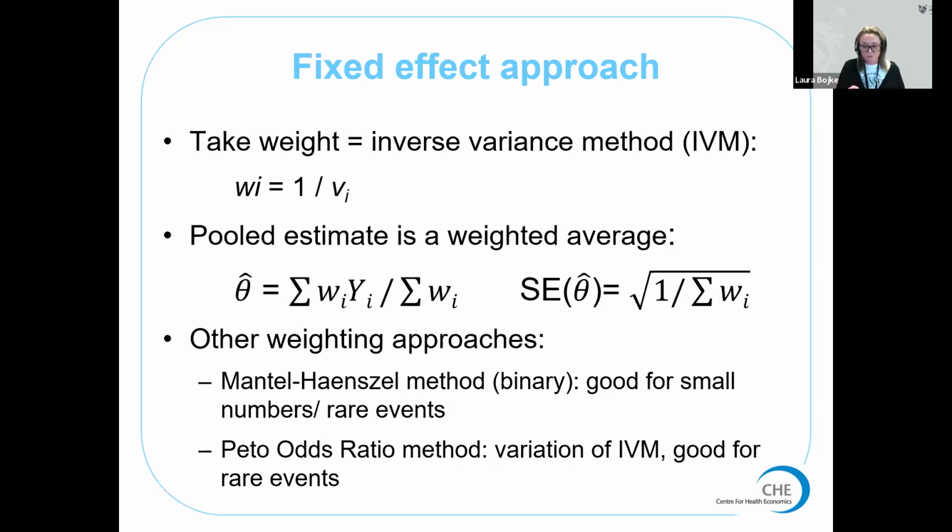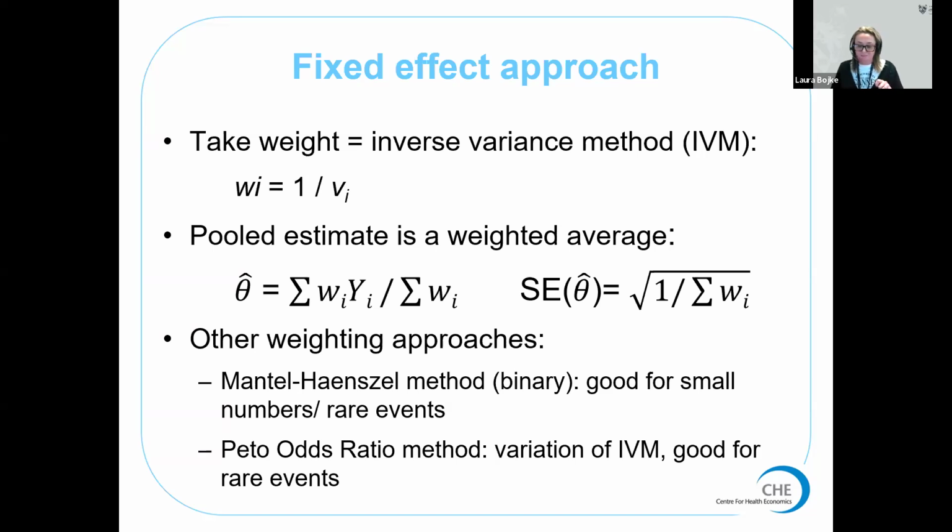And the inverse variance method is the most commonly used way to calculate these weights, and it's roughly proportional to sample size, but it's slightly more nuanced, and it attempts to minimize the variance of a combined effect. So here in this slide, VI is the within study variance for a particular study I, and then the weighted mean is the sum of the effect sizes multiplied by the weight for that particular study.